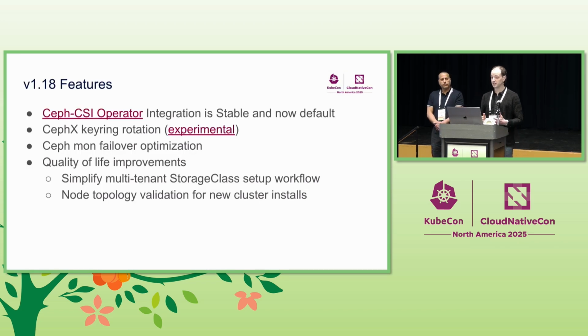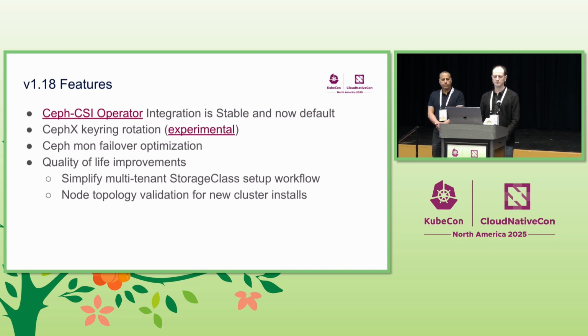The project updates. In 1.18, we now have stable and default integration with Ceph CSI's new operator. We also have some keyring rotation for CephX keys. CephX keys are pretty nitty-gritty details, but it's what Ceph uses to authenticate internally within itself.